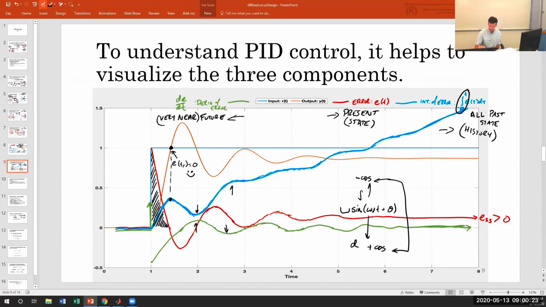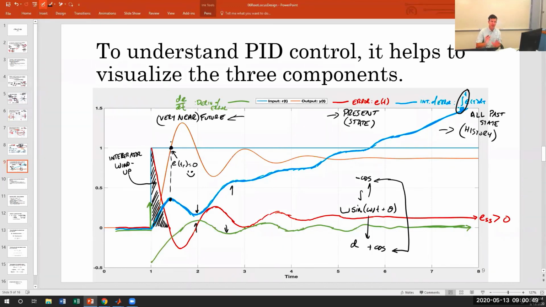The area between when the step fires and when the error first goes to 0 is known as the integrator windup. And what it means is, at this point in time, the proportional controller is happy.